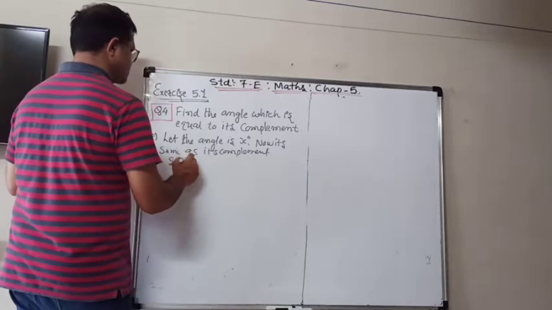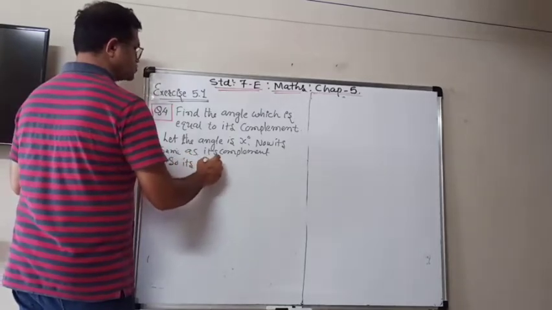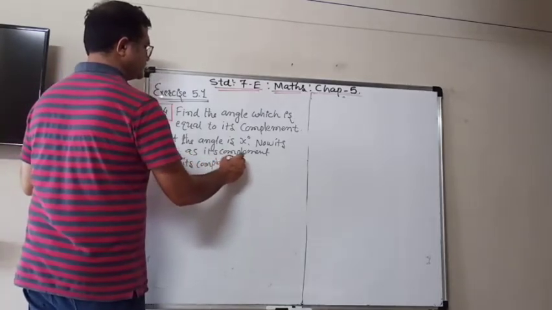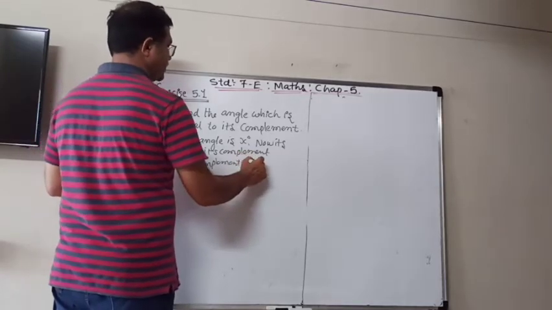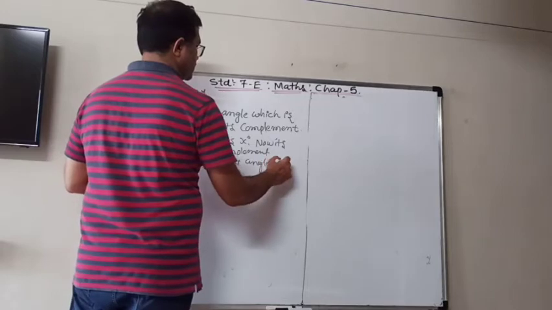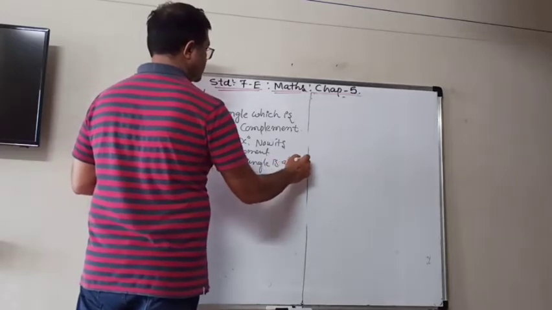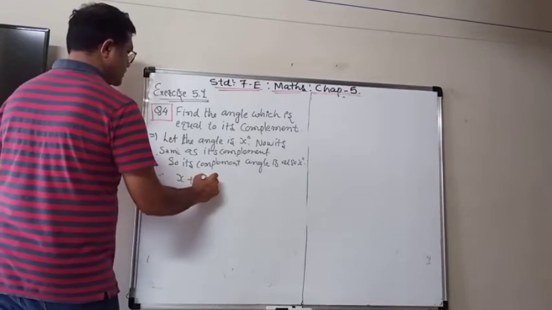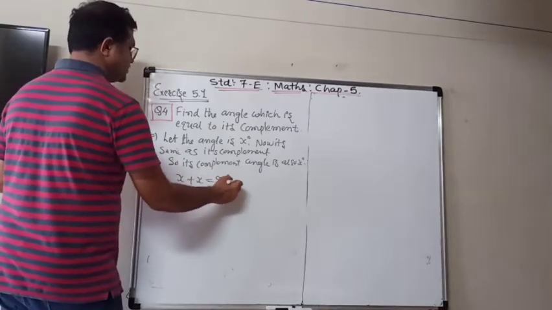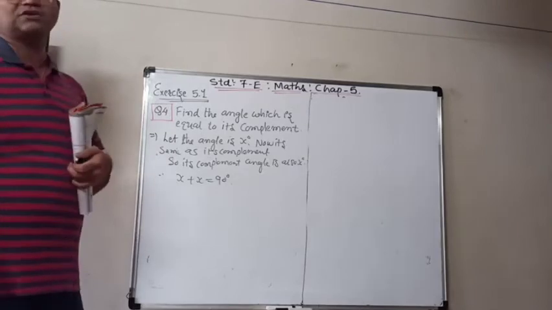So its complement is also x. Its complement angle is also x. Therefore x plus x is 90 degree, because they are complementary, means what?